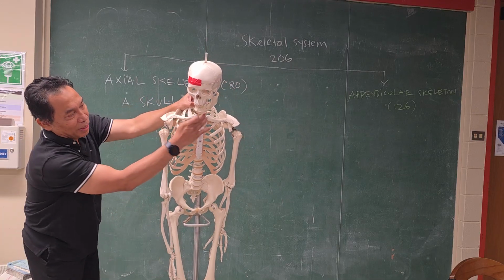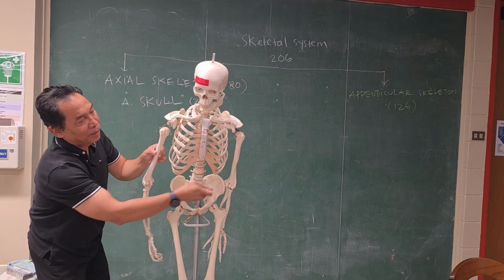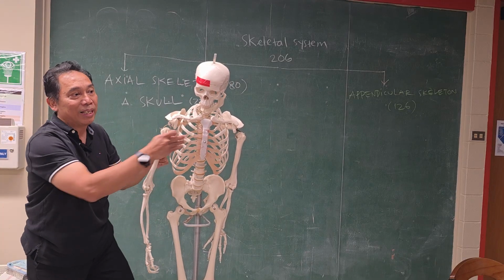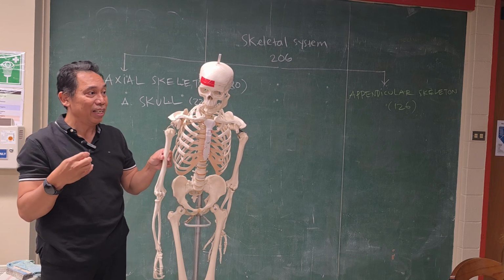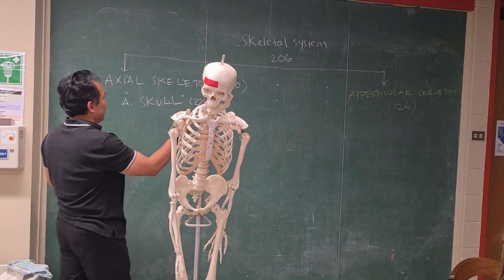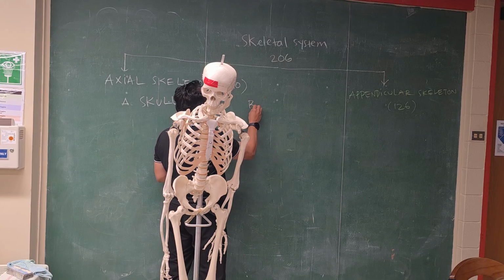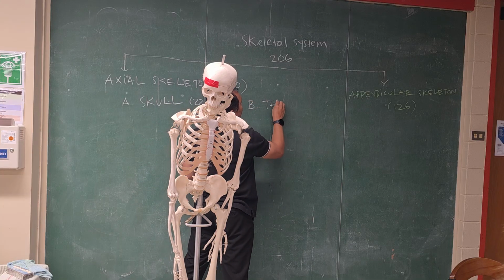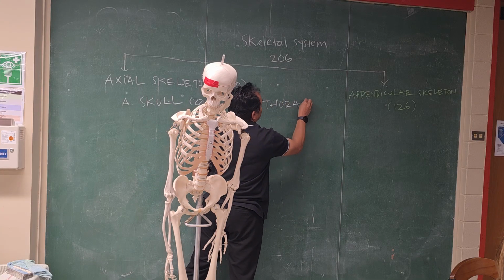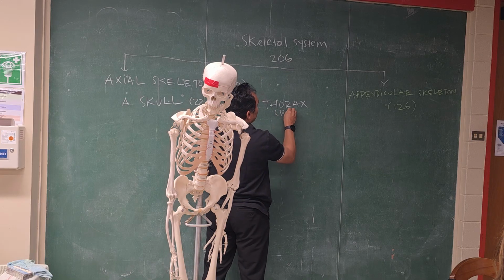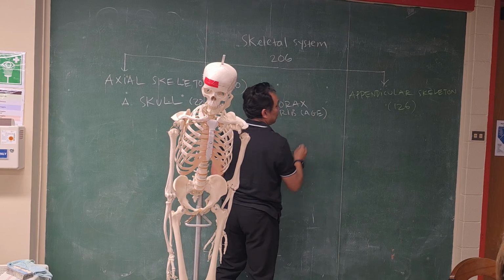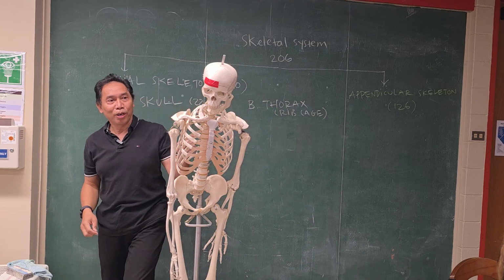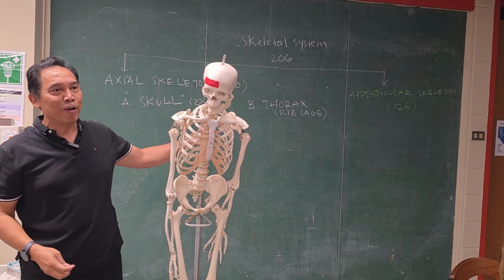Next one will be here. The whole thing over here is called the rib cage or thorax. Okay, so I'm going to put B over here. Thorax or rib cage. Hey, anybody know how many ribs you have?